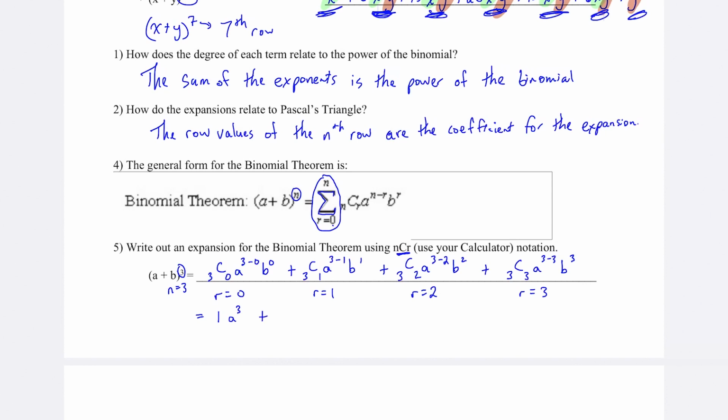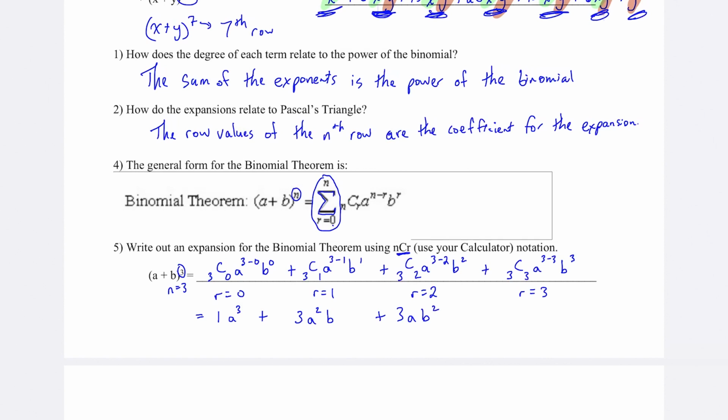Plus 3 choose 1. Type that into your calculator, and you would get 3. A to the power of 3 minus 1, which is 2. And b to the power of 1. Plus 3 choose 2 in your calculator is 3. A to the power of 3 minus 2, which is 1.